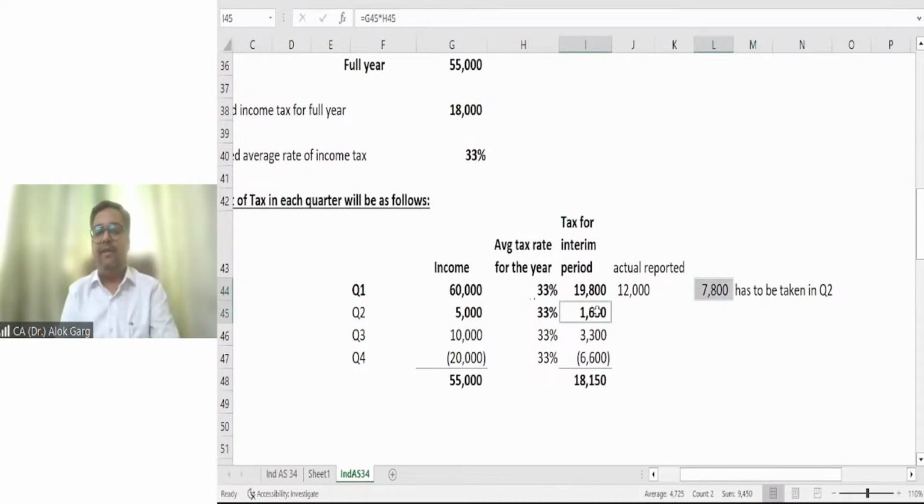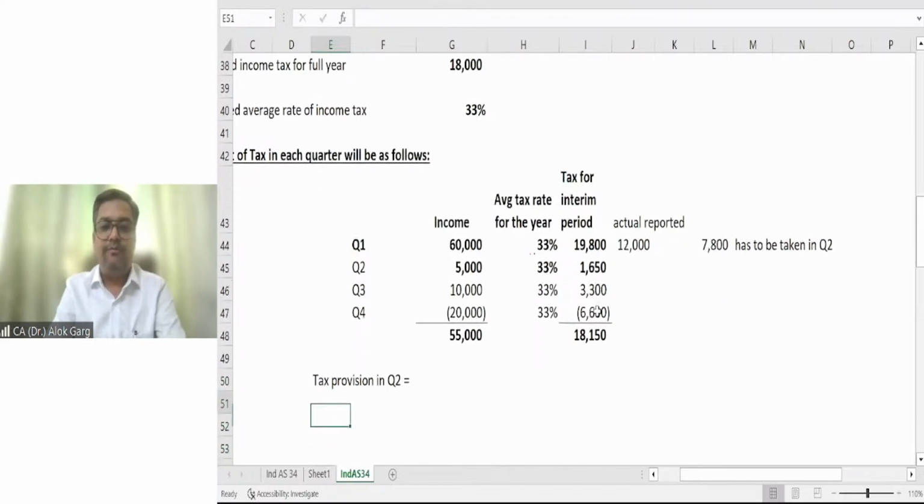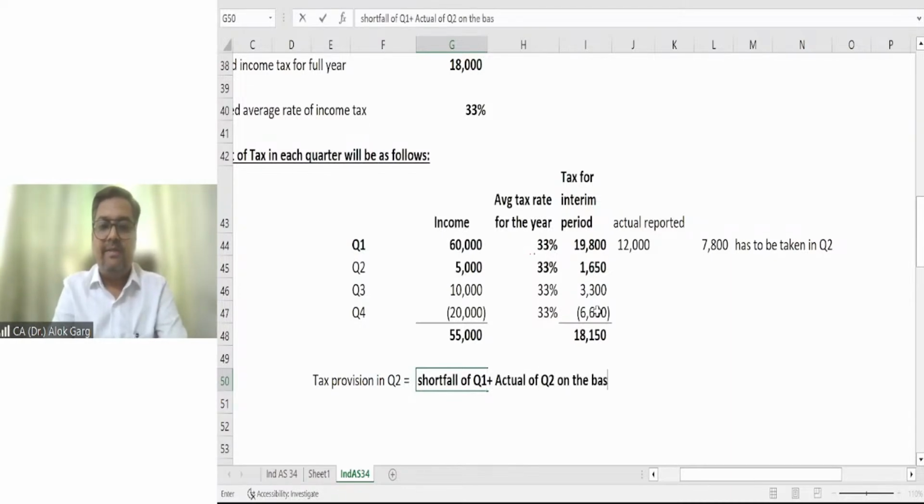Tax provision in Q2 is equal to the shortfall of Q1 plus the actual of Q2 on the basis of the revised estimate, right?